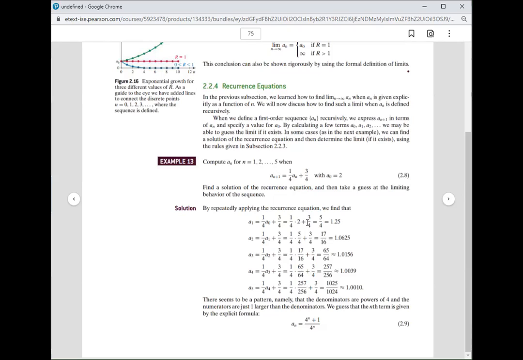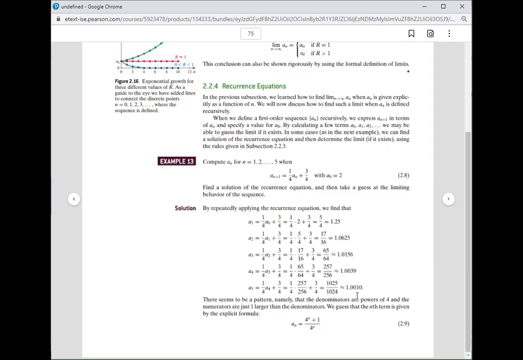So it could give you 5 over 4, right? So this one is like 4 plus 1 over 4, and this one is like 4 squared plus 1 divided by 4 squared.